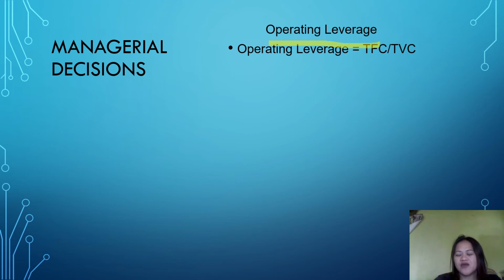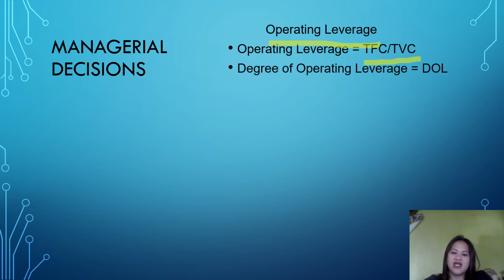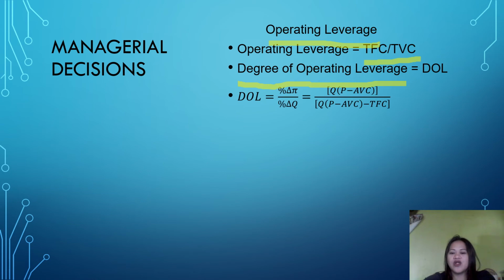Operating leverage, of course, you could derive through total fixed cost divided by the variable cost. And of course, the degree of operating leverage, meaning how much is the percentage that you're actually working on the leverage, or how much are you going to earn more if you operate on the leverage. That is what the degree of operating leverage means.